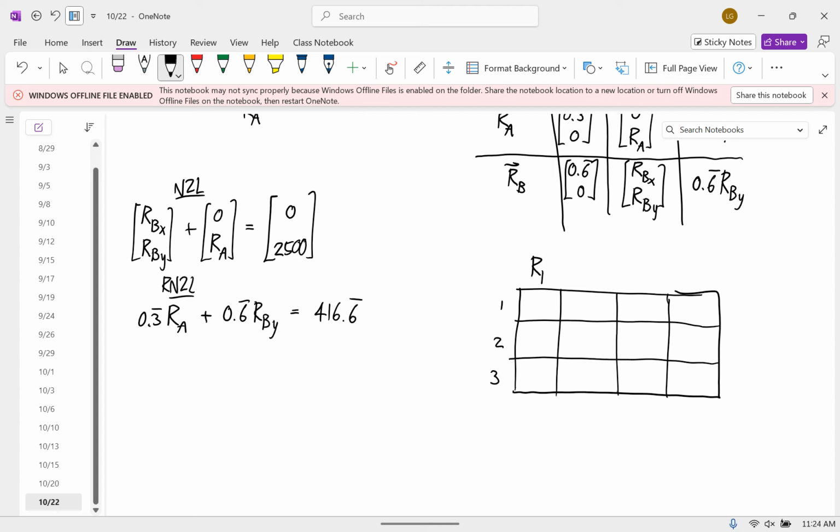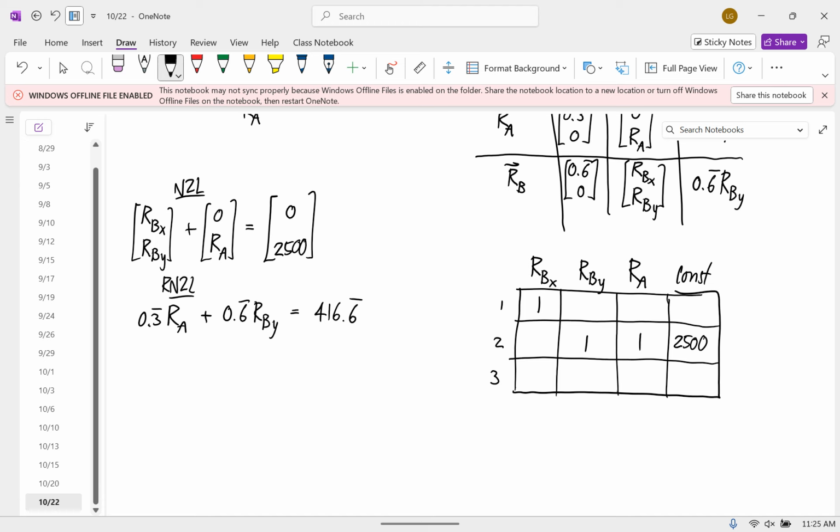I'm going to do RBX, RBY, RA. I don't know why I have RBX in there since we know it's 0. So we got zeros everywhere, then one RBY, one RA, constant is 2,500.